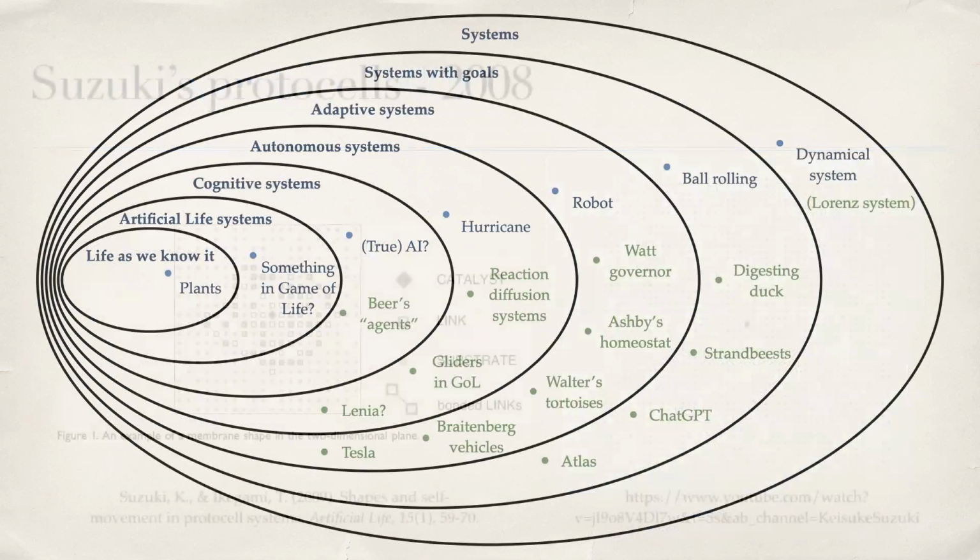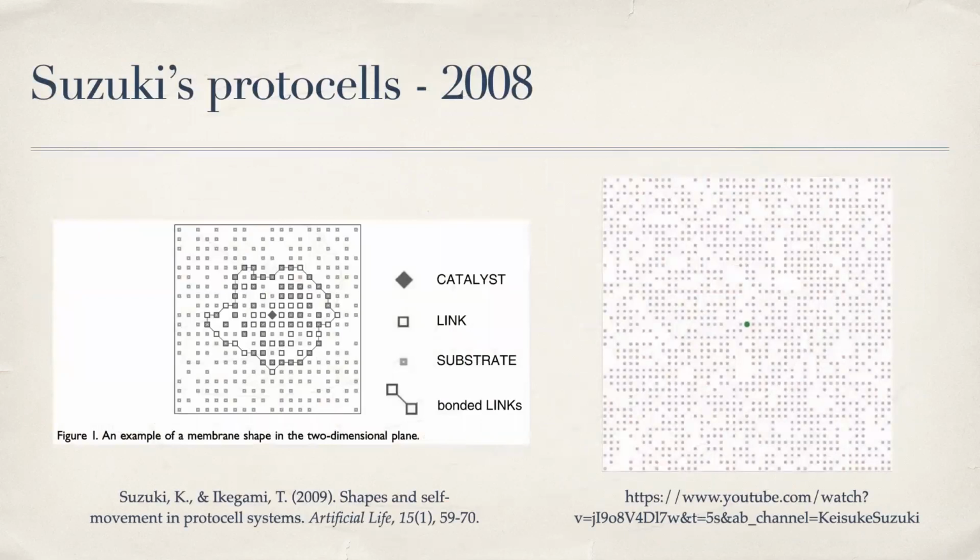Another example, Suzuki-san's previous work. I will not go too much into detail here because I would feel embarrassed if I missed something really obvious. But this system was initially used to study autopoiesis. Once again, here we have a simulation of a kind of metabolism. We had 3 different kinds of cells: a catalyst, a link, and a substrate.